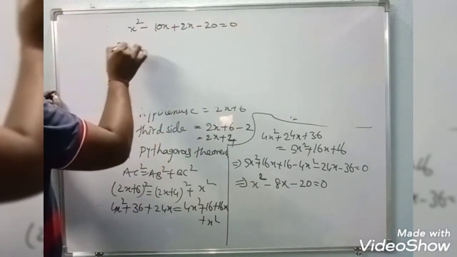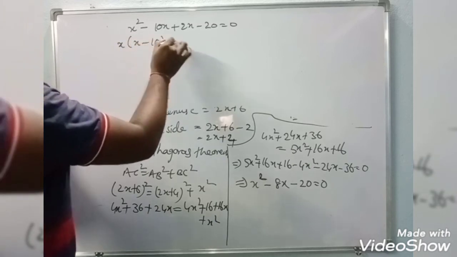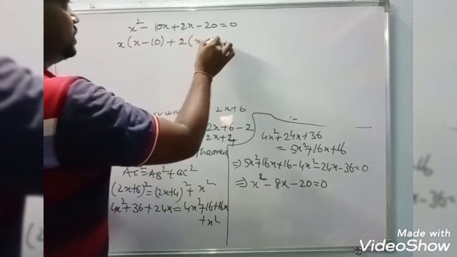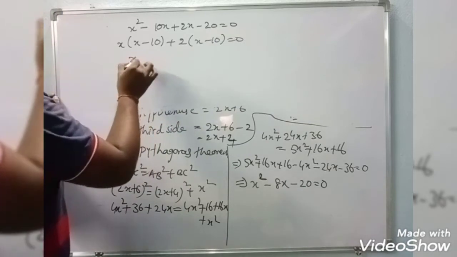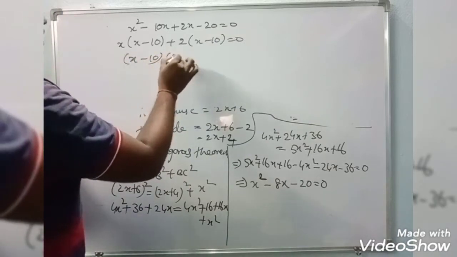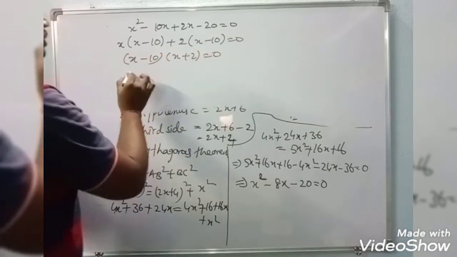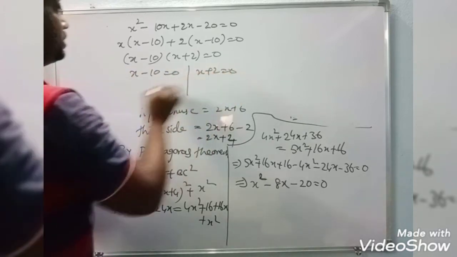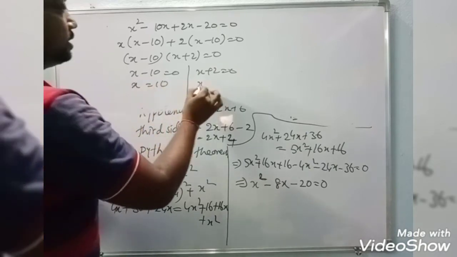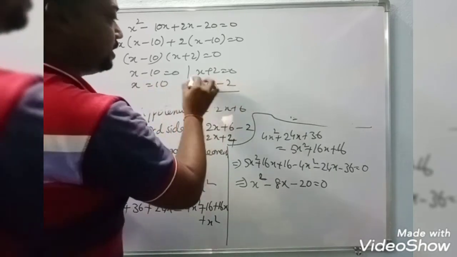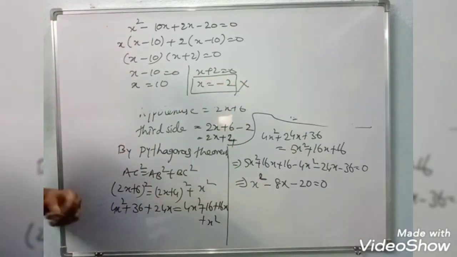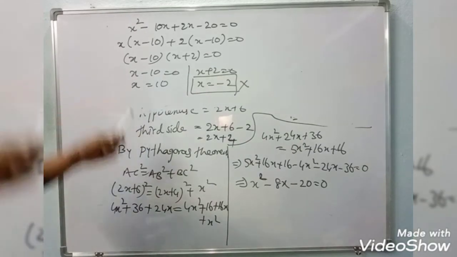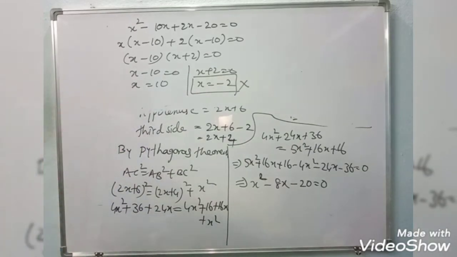So in these two x is common, you can write as x into x minus 10 plus 2 is common here, x minus 10 is equal to 0. If I take x minus 10, you will get x plus 2 is equal to 0. So x minus 10 equal to 0, and here x plus 2 is equal to 0, x is equal to 10 and x is equal to minus 2. As negative numbers we are not considering, so what is my x value? So x is nothing but 10.